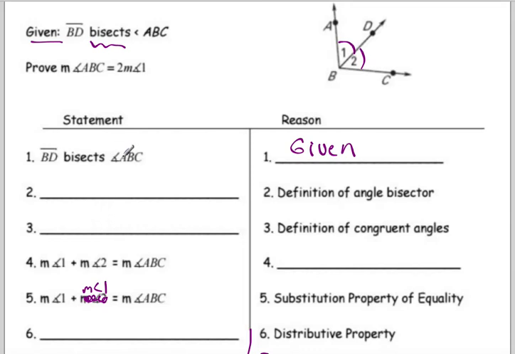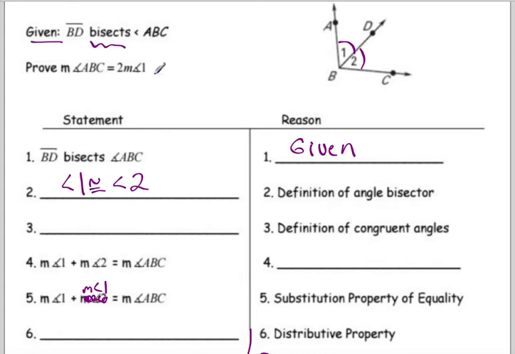So this angle is bisected, and you can see definition of angle bisector is the next reason. The definition of angle bisector tells us that angle 1 is congruent to angle 2 by that definition of angle bisector.